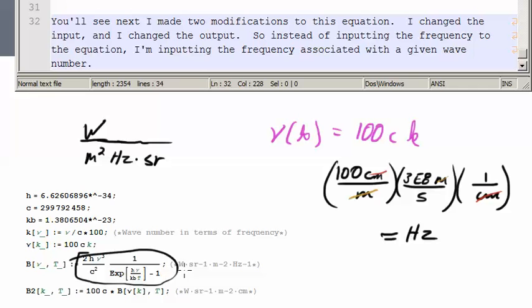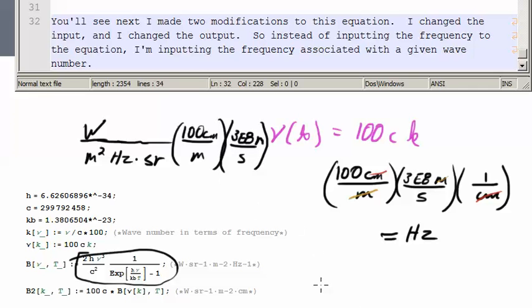But at the end of that, I don't want the output to be in watts per meter squared per hertz per steradian. I want it to be in watts per meter squared per centimeter per steradian. So I need to take that output and multiply it by 100 centimeters per meter times the speed of light, 3 times 10 to the 8th meters per second.